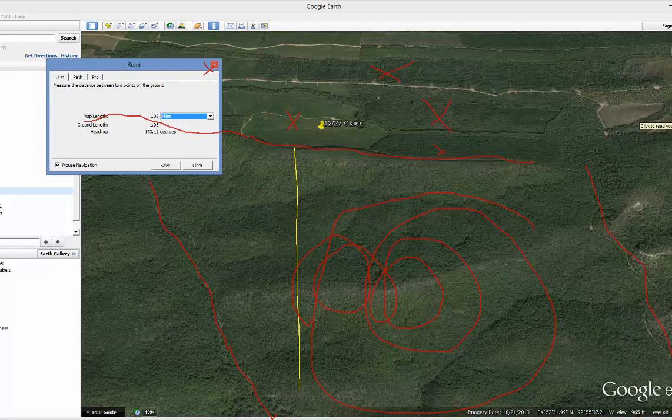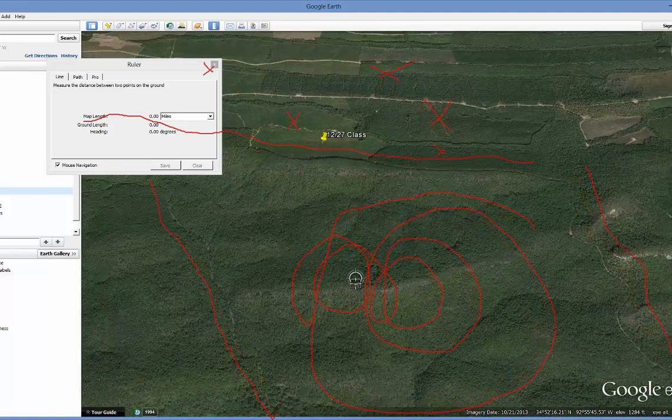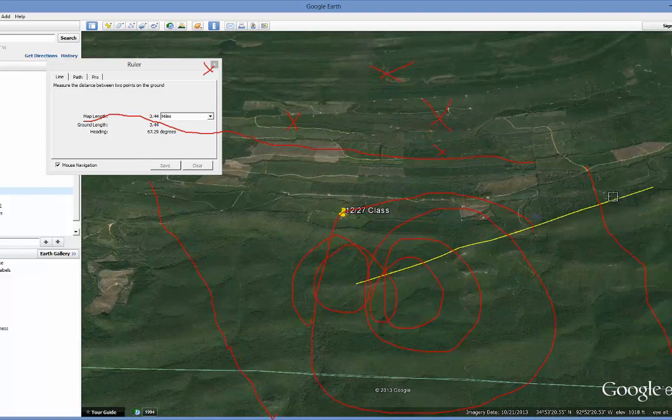But check this out. Just a second. Okay, let me zoom out real quick and erase this stuff.